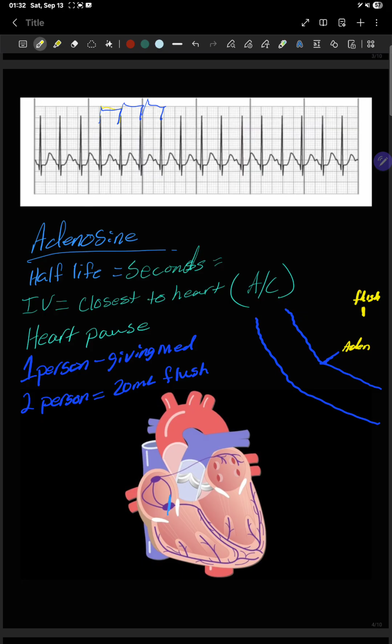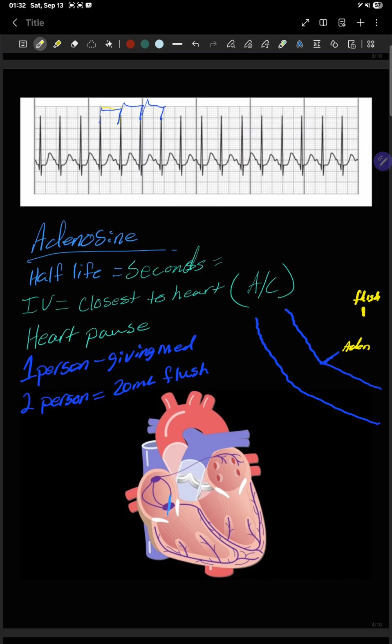Here's the thing, though. You have to clamp down on that IV above where you're going to flush. Because if you don't clamp down on that IV tubing, and I push that flush, or even the guy who's giving the adenosine, if you don't clamp down on that and push it in, you'll have backflow.